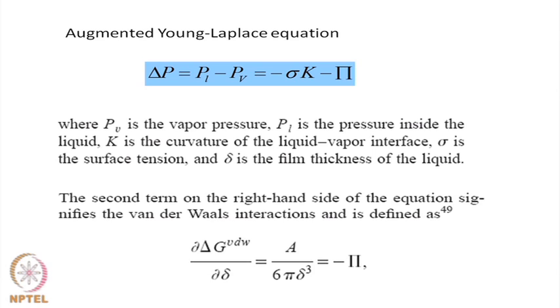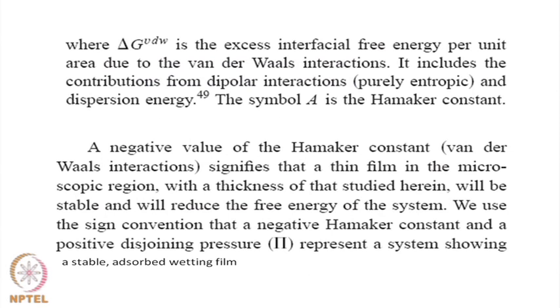VDW shows that it is van der Waals forces, and it is a function of the film thickness. Delta G is the excess interfacial free energy per unit area due to van der Waals interaction. Now, when the value of the Hamaker constant is negative, it signifies that a thin film in the microscopic region will be stable and will reduce the free energy of the system.